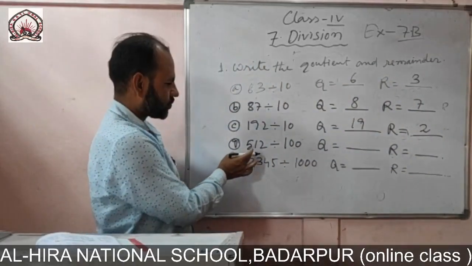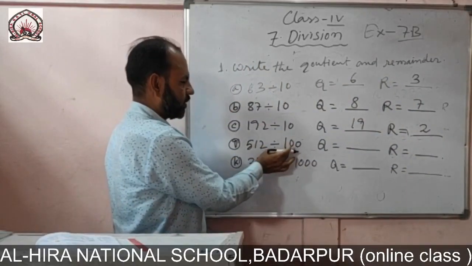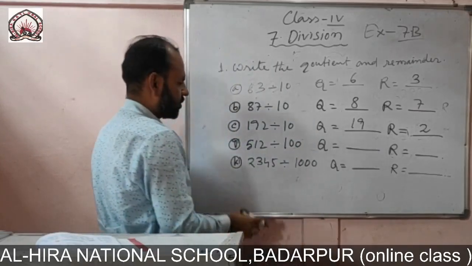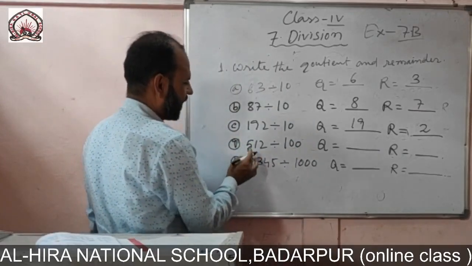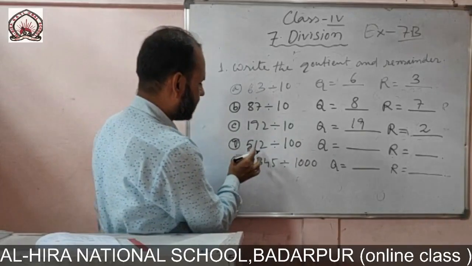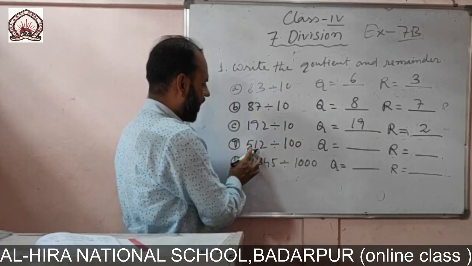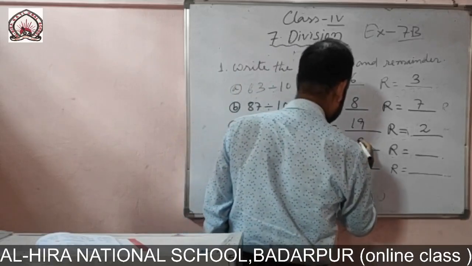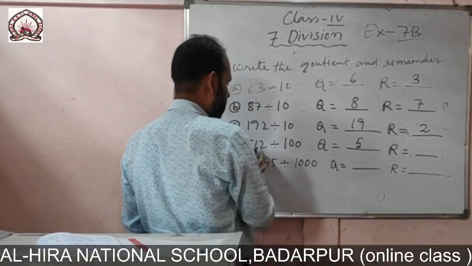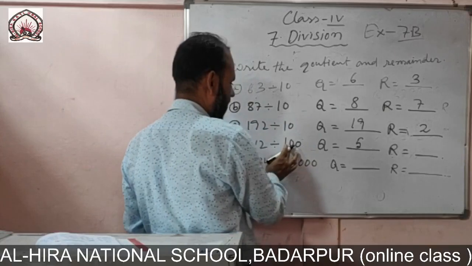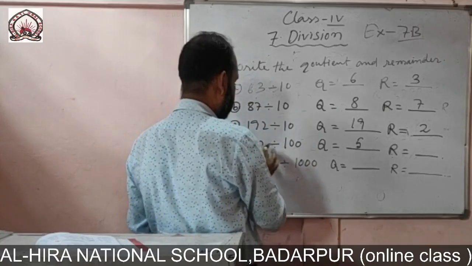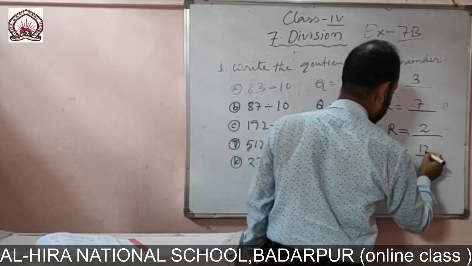Next, 512 divide by 100. So in the 100 place it is 5, that means there is 500. 100 goes how many times? 5 times. So it is 5 and remainder, 500 and remainder 12.